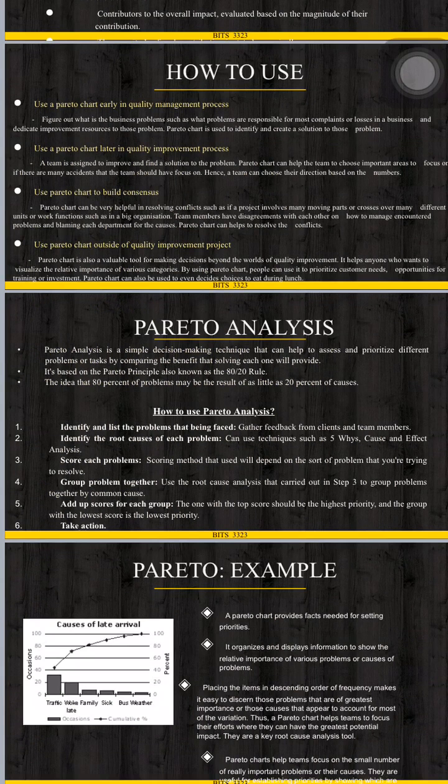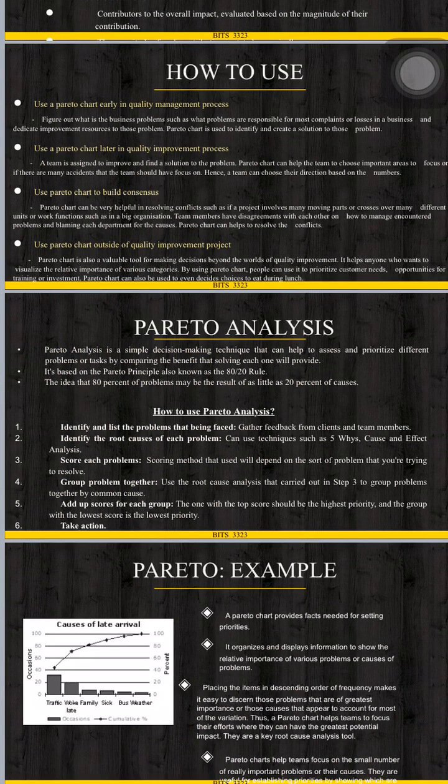How to use Pareto analysis? First, identify and list the problems that are being faced. Gather feedback from clients and team members. Second, identify the root causes of each problem. You can use techniques such as 5 whys and cause and effect analysis. Third, score each problem.